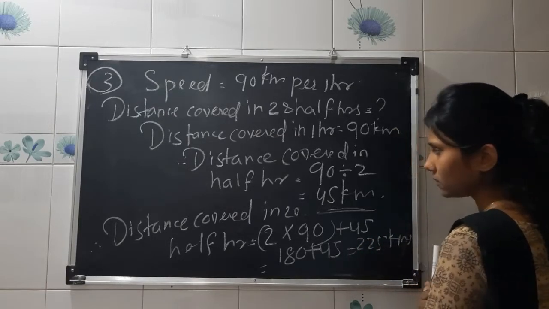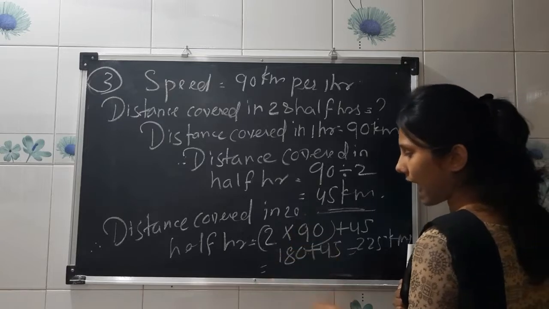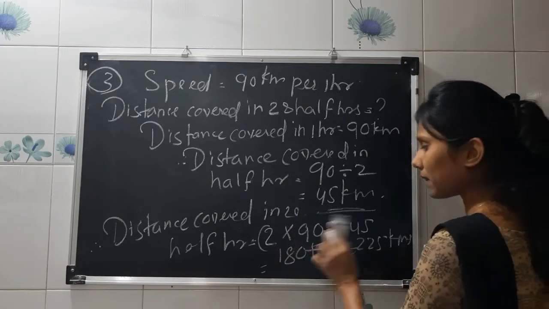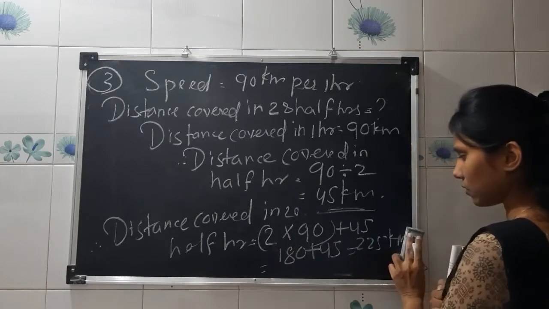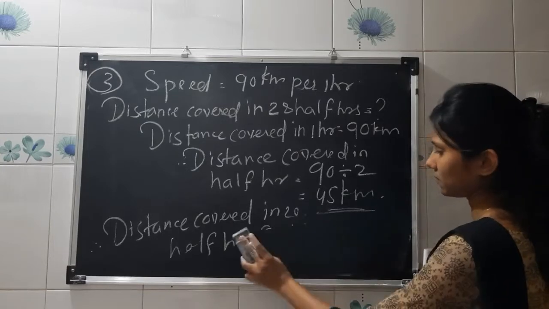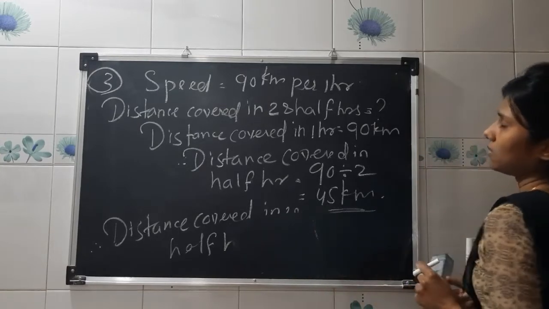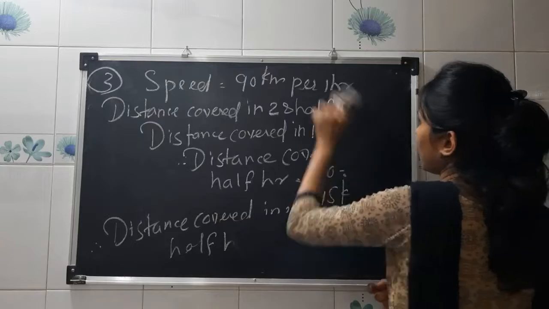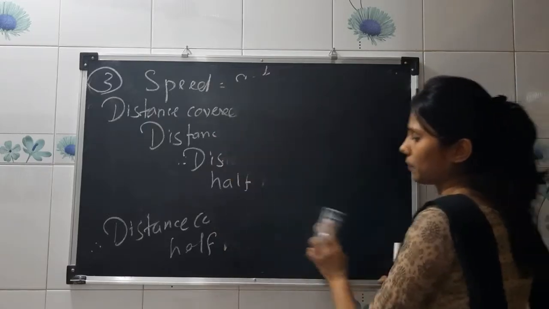Okay. So you can either add 90 two times or you can multiply 90 by 2 hours. I hope you might have understood.